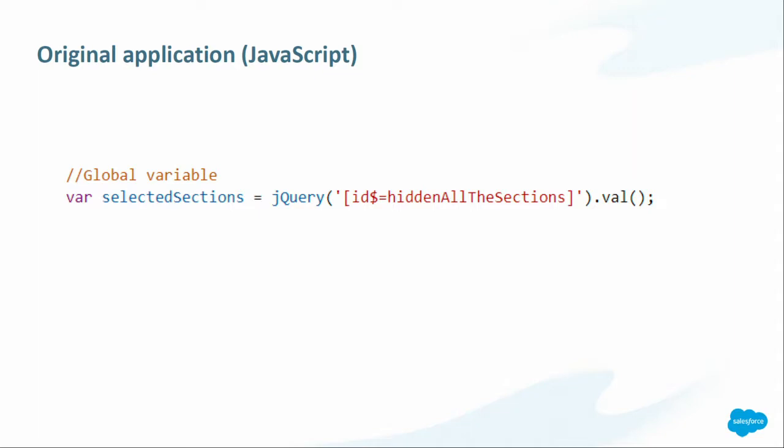So we made a few mistakes that we're going to check now, and we're going to fix when we do the migration. For example, in order to keep the state of the different search criteria, we were using global variables.